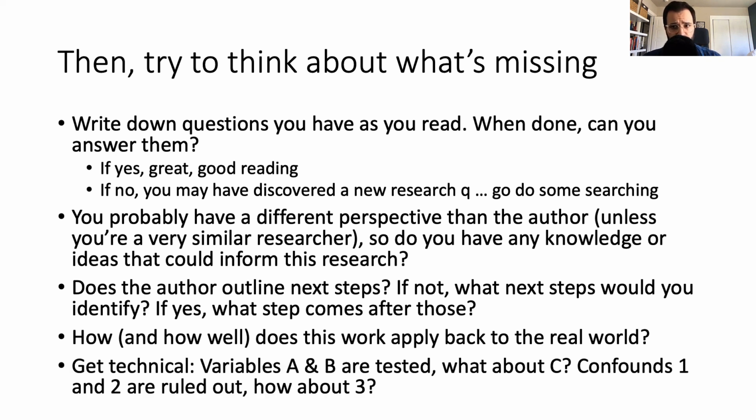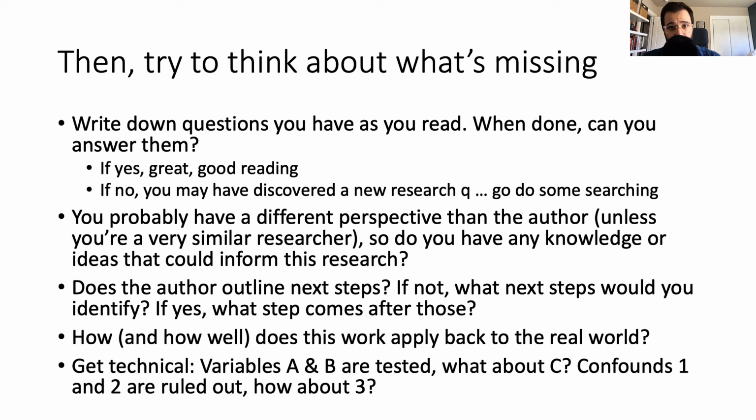And then as you get more experience, the last phase of this is starting to get really technical with identifying next steps and identifying questions you have as you read. So you can do something like notice that there is a set of variables that could come to bear in a situation, and the authors test variables A and B, but you wonder about variable C. A very reasonable way to design follow-up studies is to identify a third variable that the author either didn't test or didn't think about.